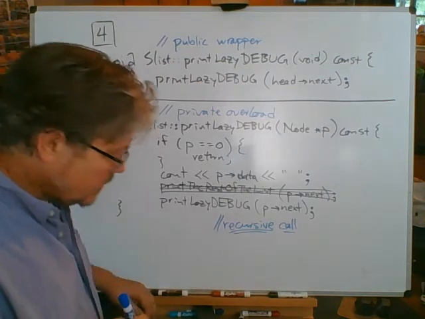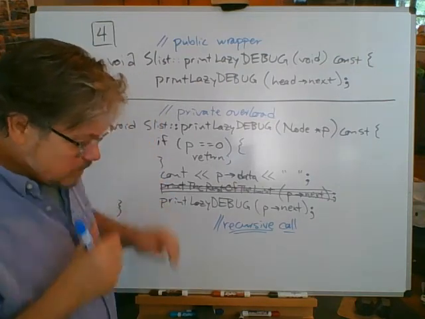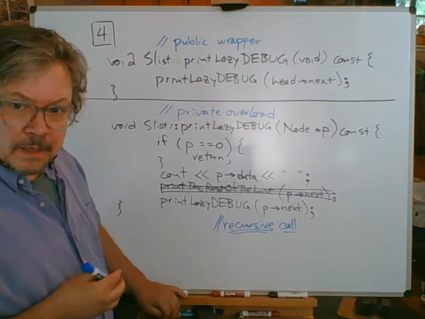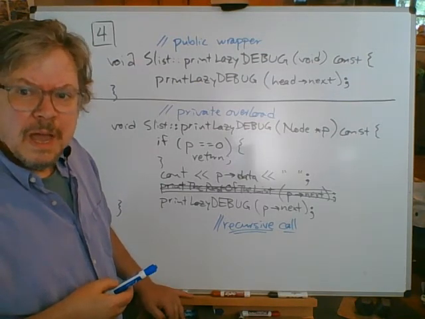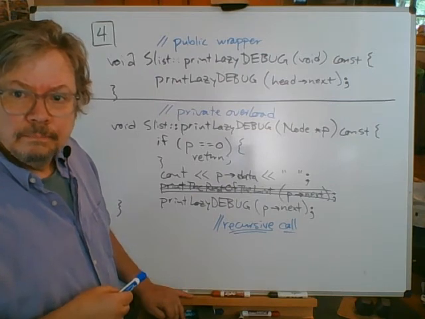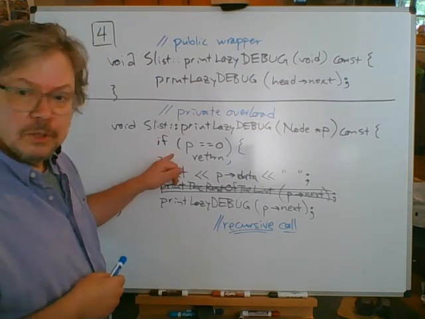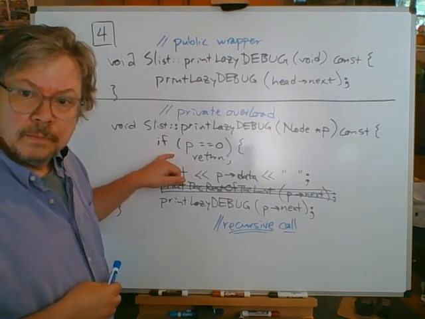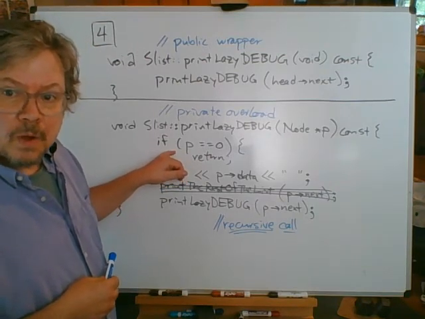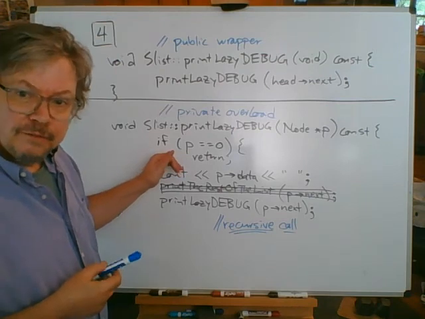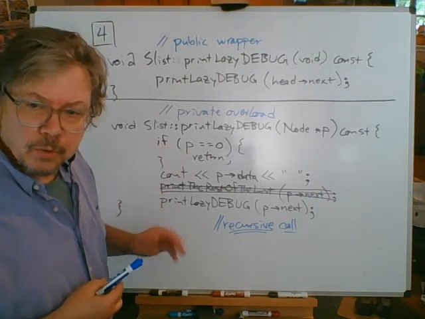Now, this is getting a little ahead of the game, but it's a teaser as well. That convention, I said, it's a good idea to test and see if there's no work to do. And if there's no work to do, get out immediately. You have to do that in a recursive function. This is like when the while loop condition finally becomes false, if we were to go back to the comfortable land of iterative programming.